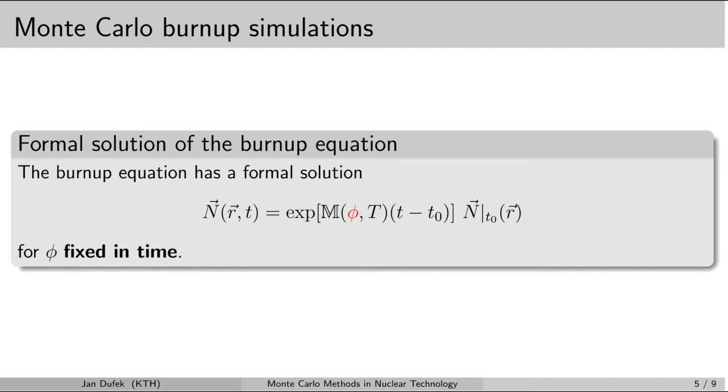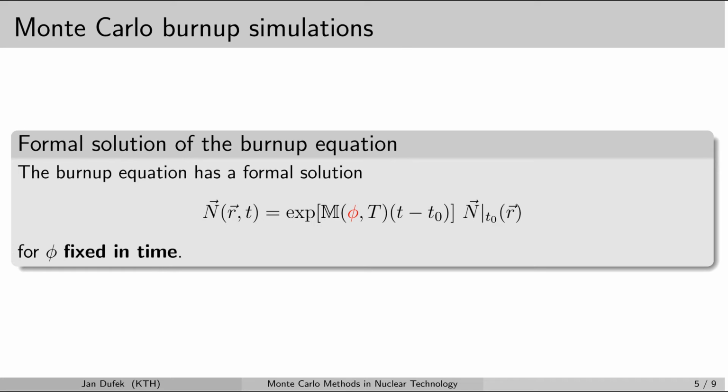Now that is not very practical for us, in fact, because we know that in response to the changes in the nuclide field, the neutron flux itself will change. So because of this, we cannot use this formal solution directly for obtaining the nuclide field at the end of the time period that we want to analyze by our Monte Carlo simulation. However, we can still find some application for this formal solution, as I will explain later.